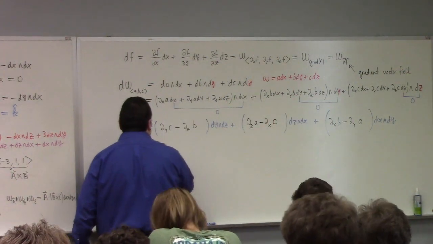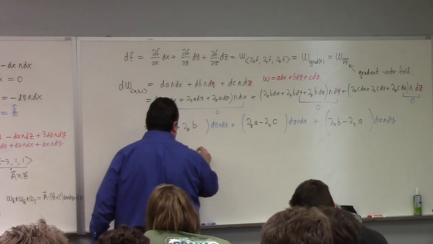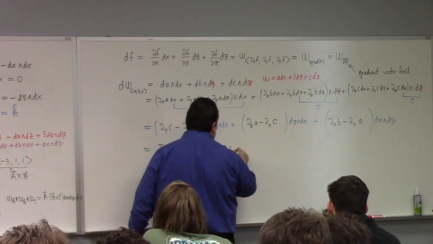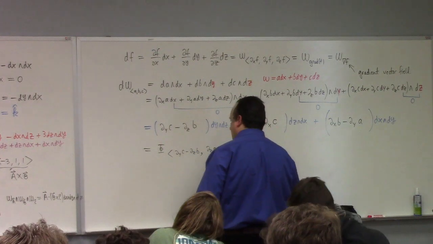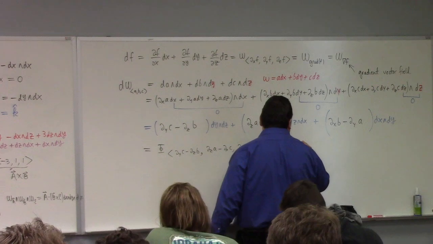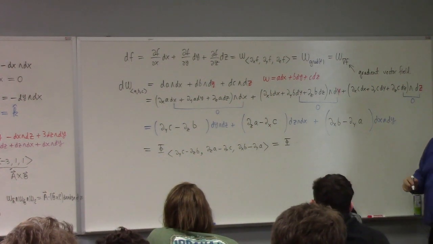This is the flux form of partial yc minus partial zb, comma, partial za minus partial xc, comma, partial xb minus partial ya. This is the flux form of what? Do you know what this is? Relative to the vector field ABC?